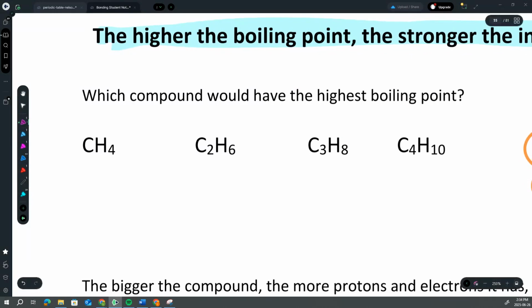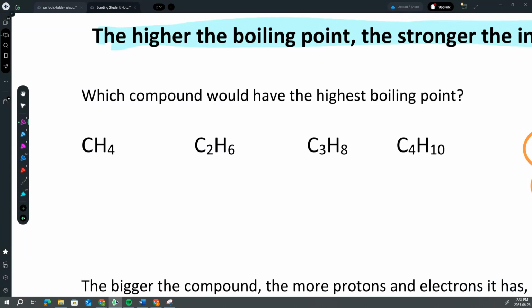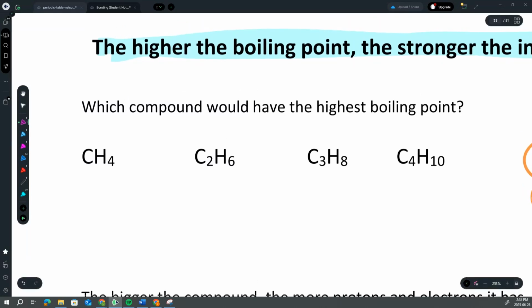For this example, the first thing I'm going to do is check what types of intermolecular forces they have. Looking at all of these, it's just carbon with one other element in it.